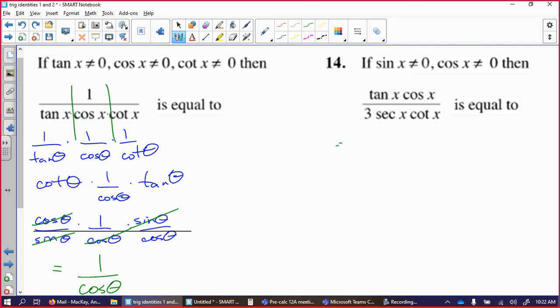If we don't know, we write tan as sine of theta over cos theta over 1, 3 over 1. Secant is 1 over cos of theta times cotan.